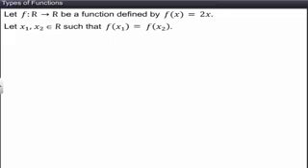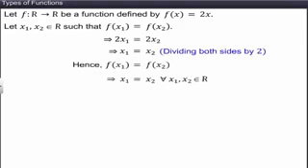Let x1 and x2 be any 2 arbitrary elements from domain R of function f, such that f(x1) is equal to f(x2). Now, f(x) is equal to 2x, so f(x1) = f(x2) implies that 2x1 = 2x2. This gives x1 = x2.